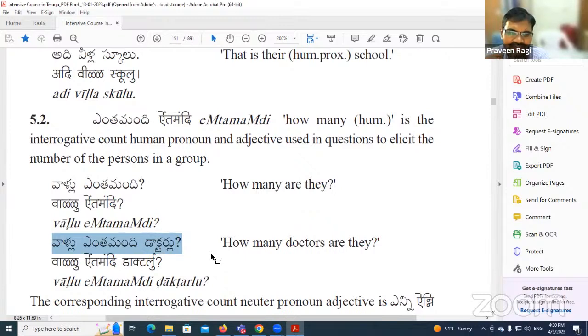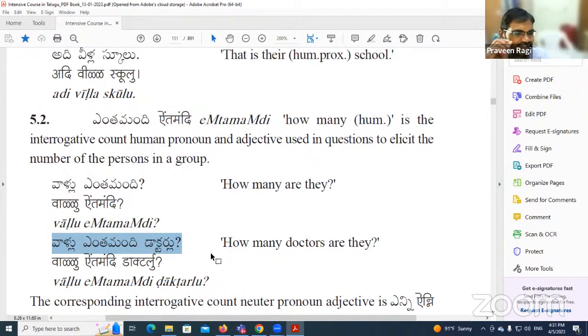Okay, so similarly, if I want to say, how many people are they? Can you translate? Okay. So let's say something like ప్రజలు ఎంతమంది ఉన్నారు? Yeah, but in spoken language, when we say this entamandi itself indicates people word.